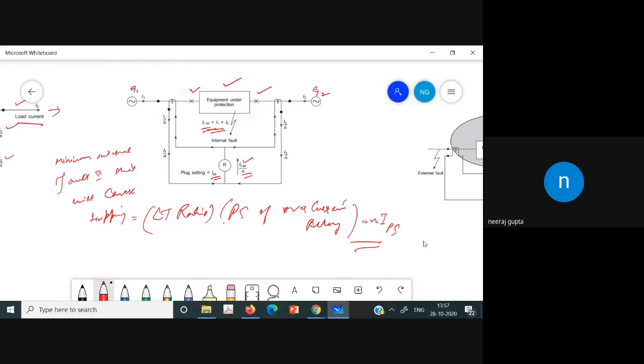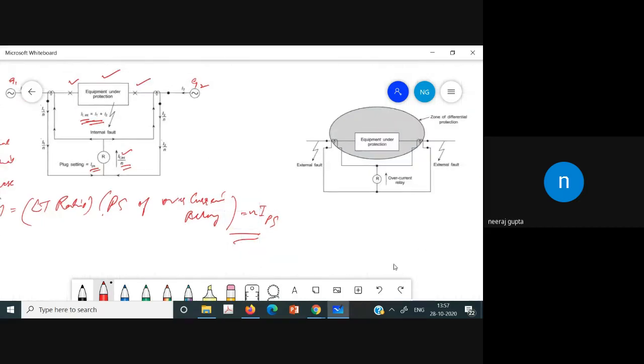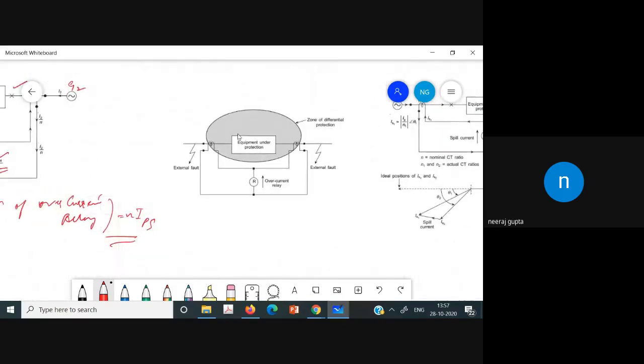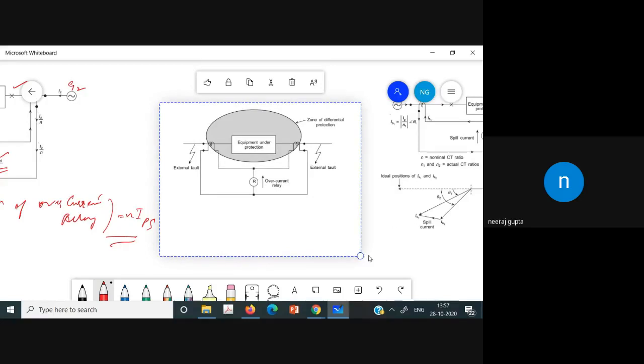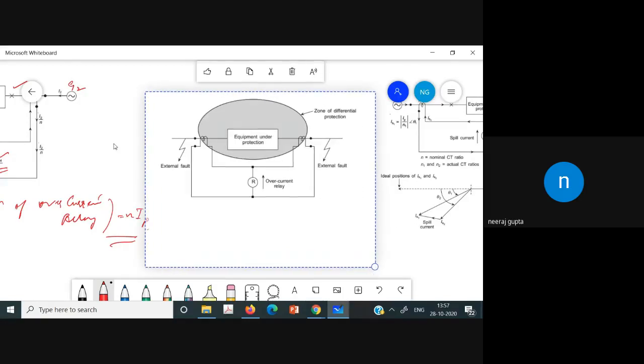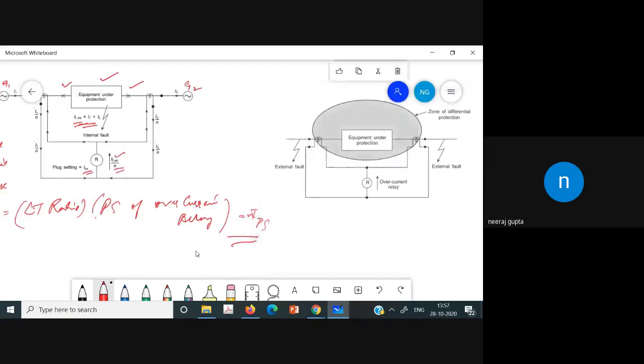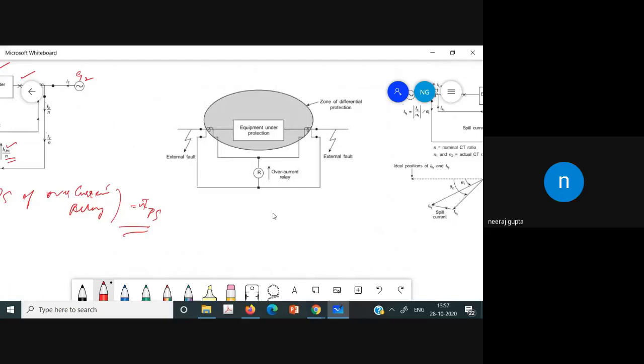Now, zone of protection. As you are aware of the zone of protection of the relay, under ideal conditions the relay should be such that it will trip for faults within this zone. This is the zone of protection, between these two CTs, that is this one and this one.